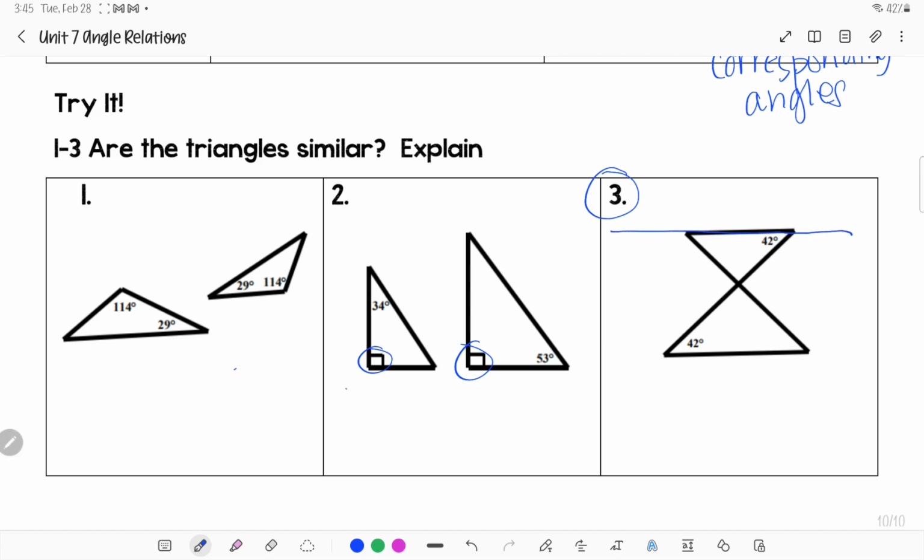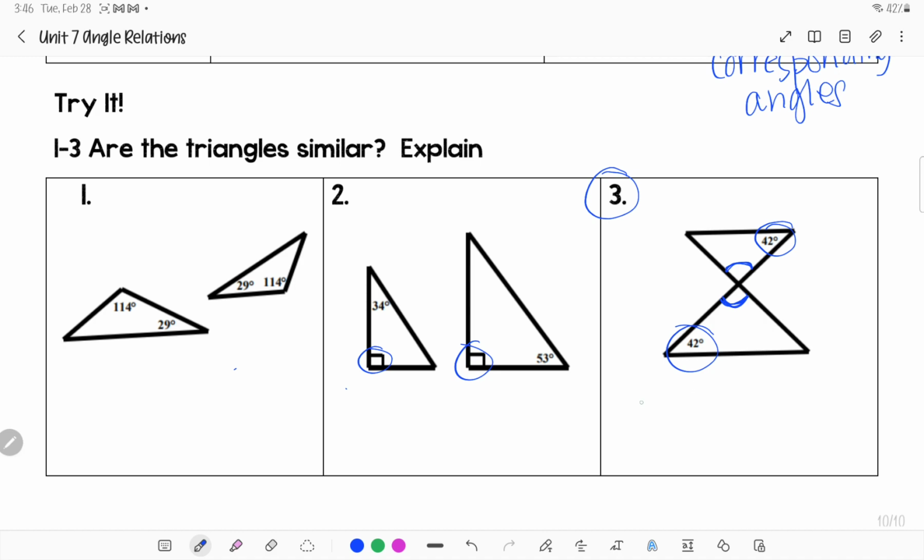Here would be parallel lines. Here's a transversal right here. So a couple of things that we know. You could also look at it and say that this angle right here is vertical to this angle right here. So we know that these angles are the same because they're vertical angles, which also means those are the same.